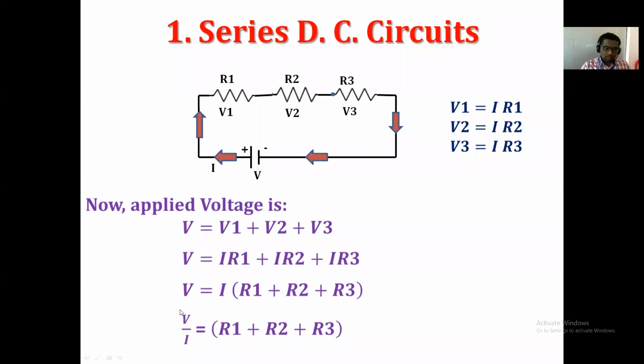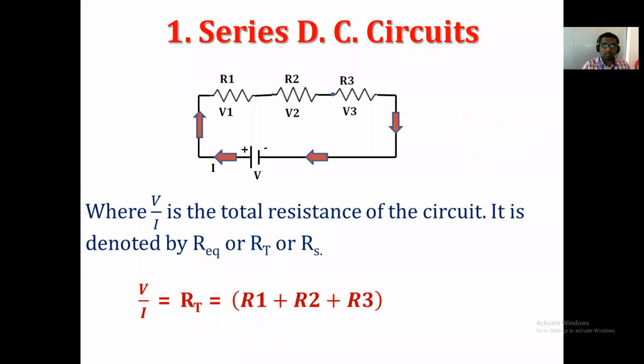But the ratio present at the left hand side of this equation is nothing but V upon I. What does it represent? Resistance. It is the total resistance of the series circuit. Is it right?